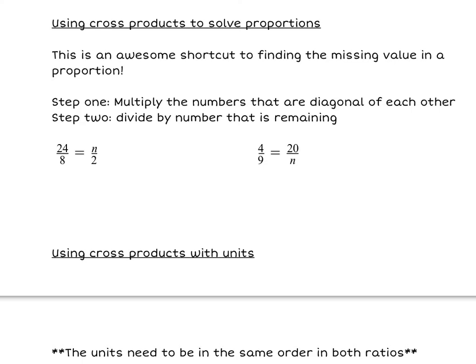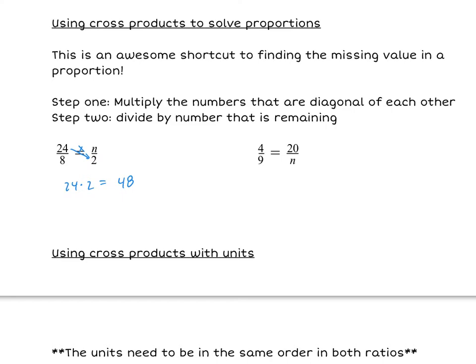Step 1 says multiply the numbers that are diagonal of each other. What numbers are diagonal in this one? 24 and 2. So my diagonal here, I'm going to multiply. So 24 times 2 equals 48. That's step 1.